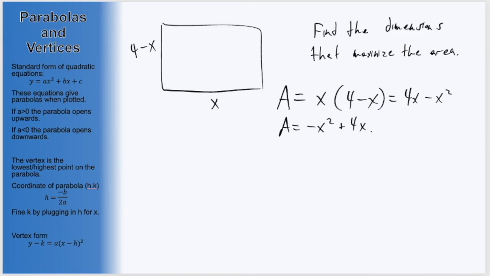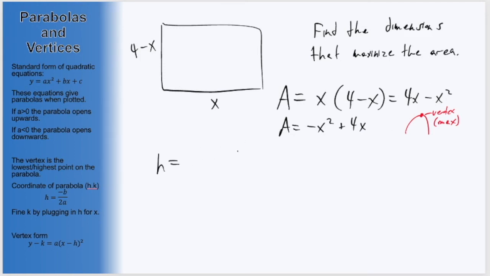Now I have a quadratic equation for my area. Note that because of the minus out in front of the x squared, if we were to graph this parabola, it would be opening downwards. So the vertex here would be a maximum, which is consistent with what the question is asking for. The x's are related to the dimensions of the box, while the y's on a graph would be the area. Now that we see we have a quadratic function and are looking to maximize it, we will calculate the vertex.